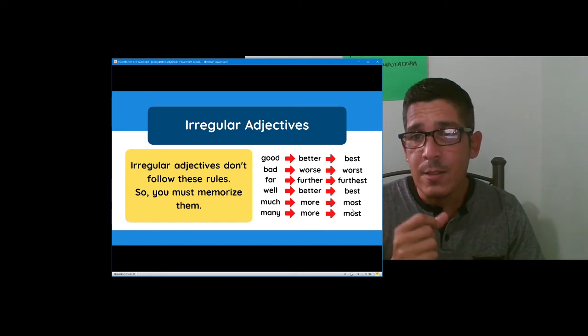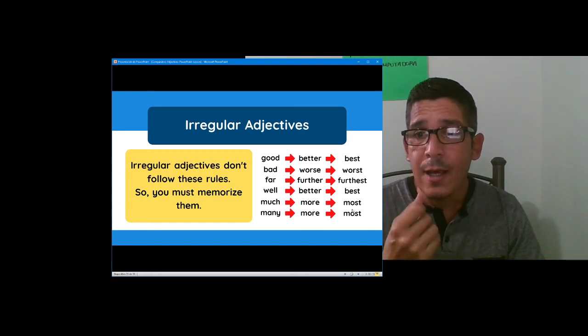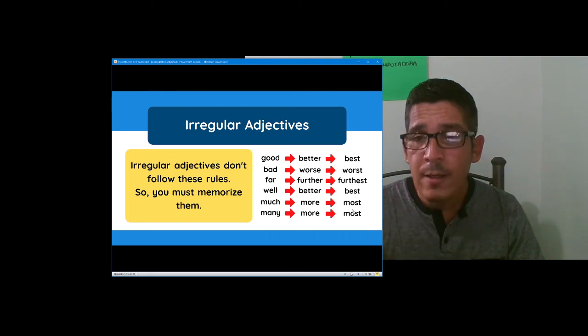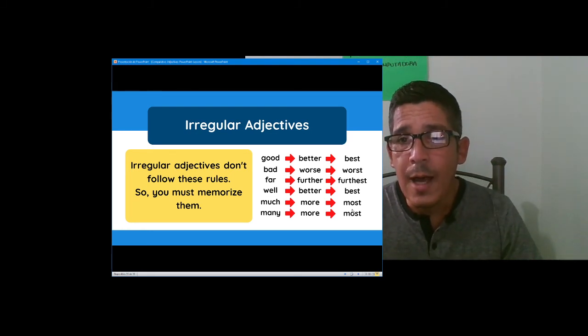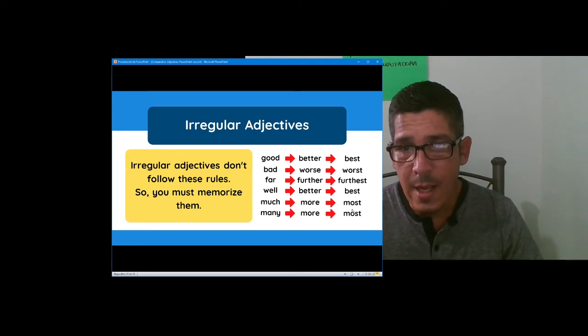So short adjectives ending in a consonant and Y, you are going to change the letter Y to IEST. For example, happy is going to be happiest. Crazy is going to be craziest.